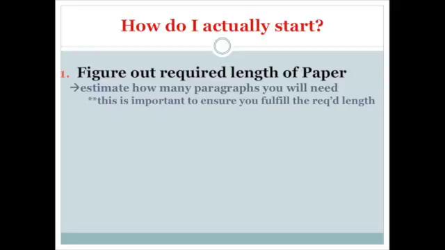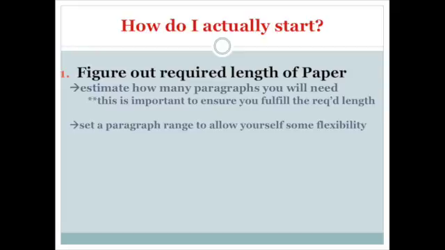So that removes 4. So that leaves you anywhere between 15 to 17 body paragraphs. It's important to know this so that you understand and you're sure that you can fulfill the required length. Okay? You don't want to have too much, but you don't want to have not enough either.